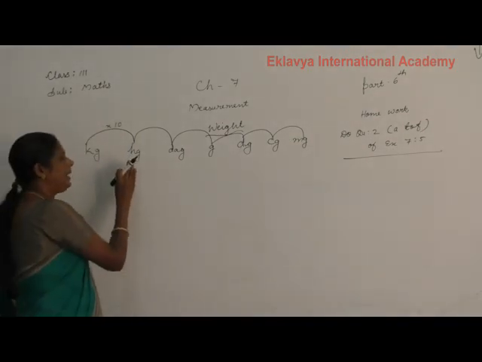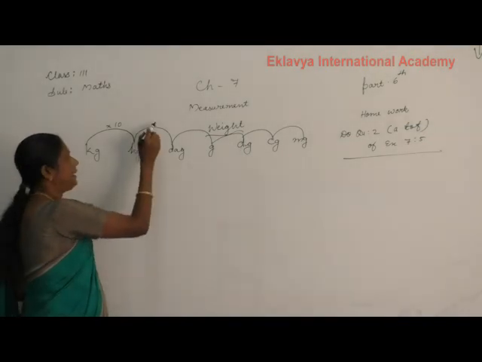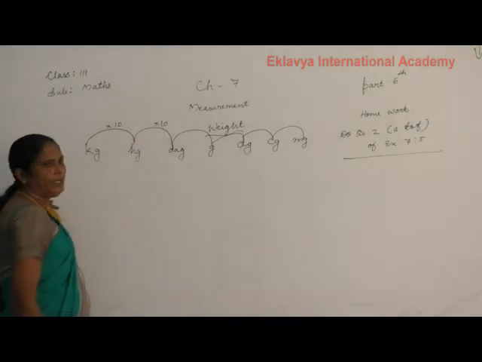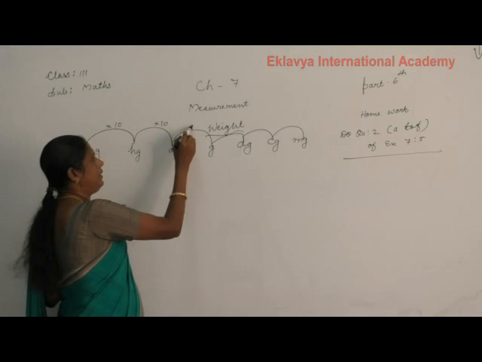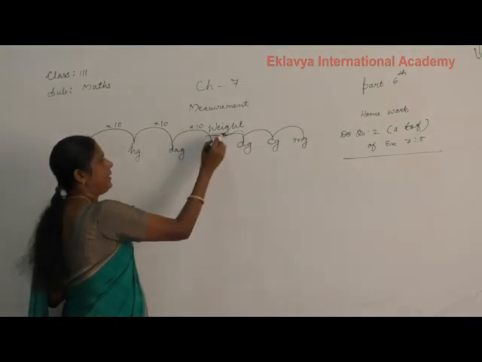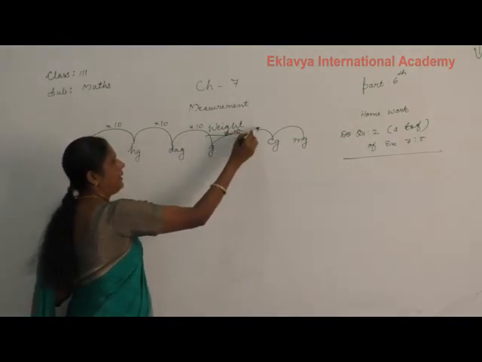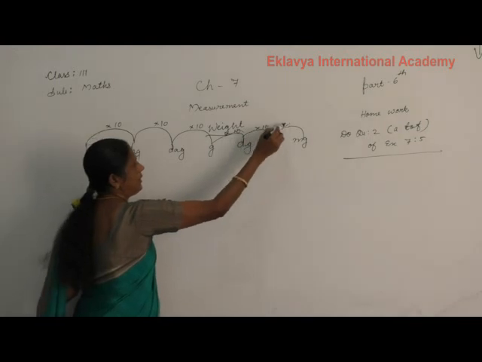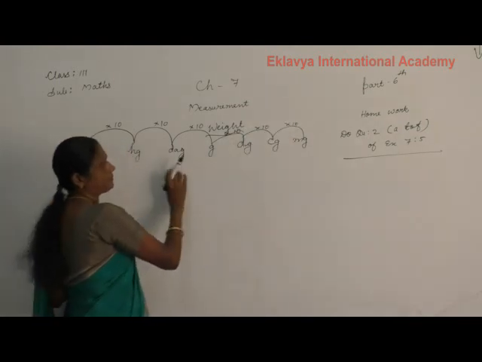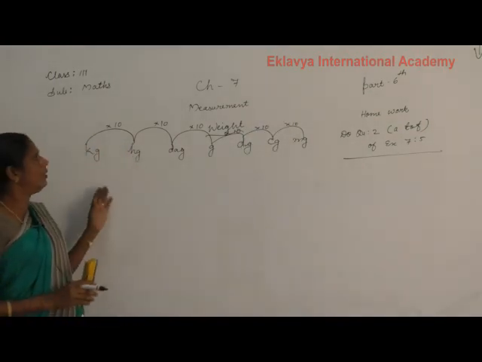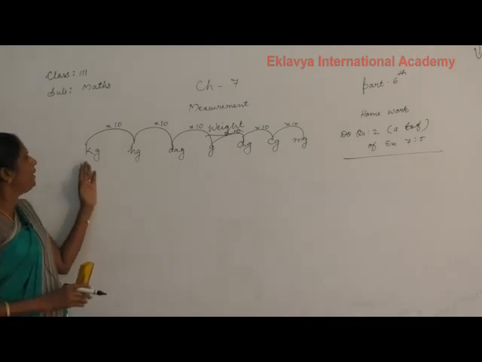Again hectogram to decagram, multiply by 10, and again 10 for each step.